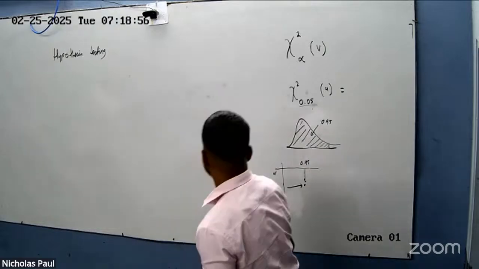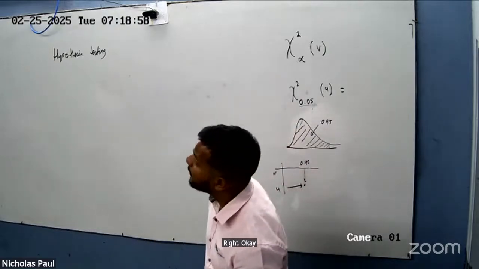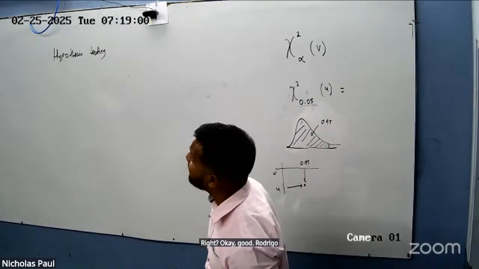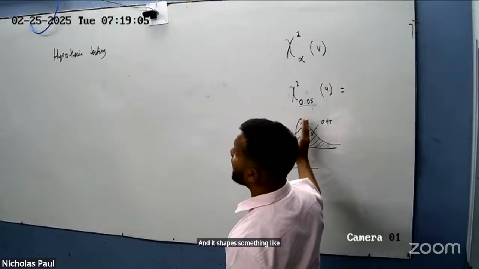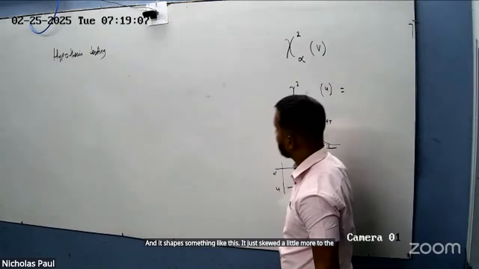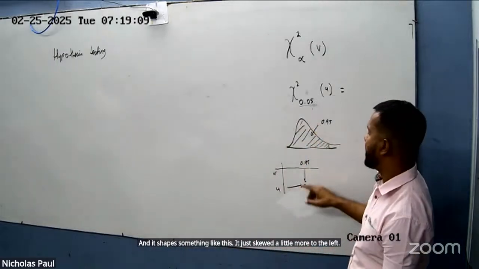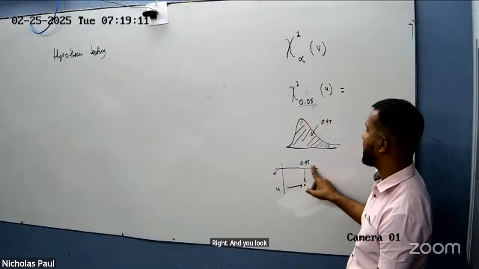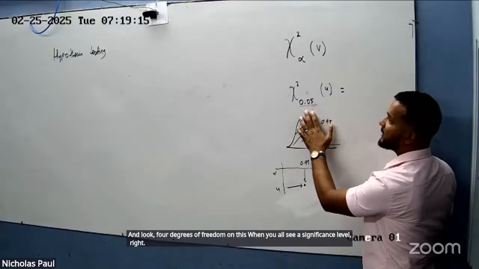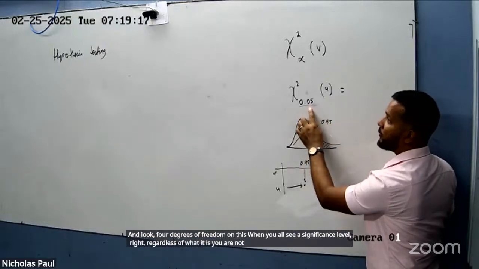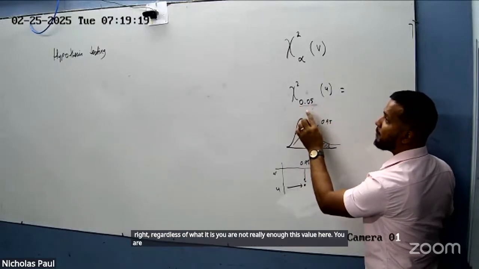Okay, good. Bradley, you're going to the chi-square table, the thing that looks like this, and it's shaped something like this, just skewed a little more to the left. Look at 4 degrees of freedom. When you see a significance level, regardless of what it is, you are not reading off this value here, you are reading off 1 minus that value.